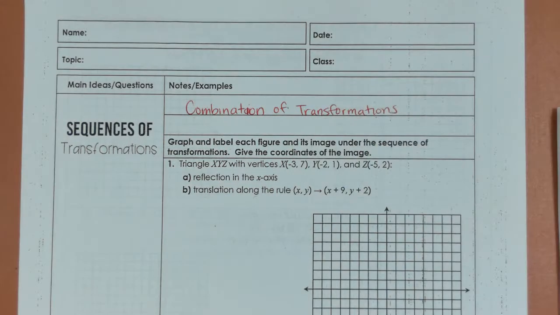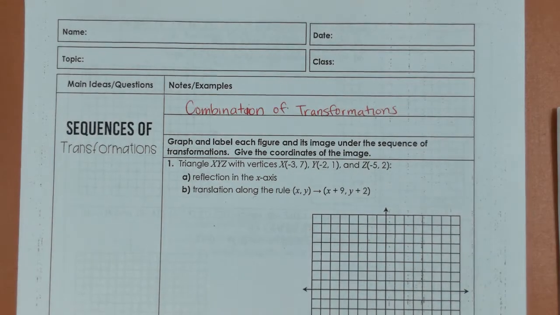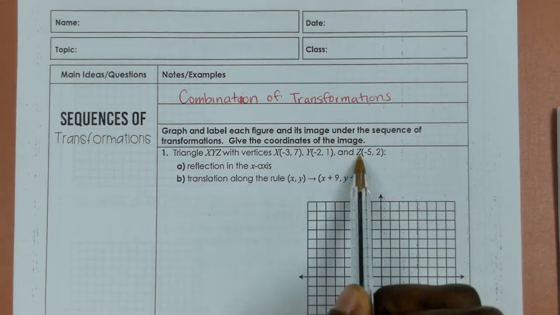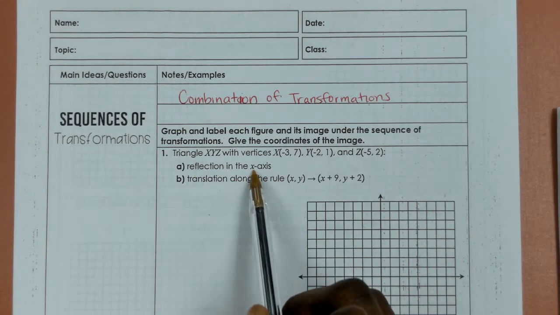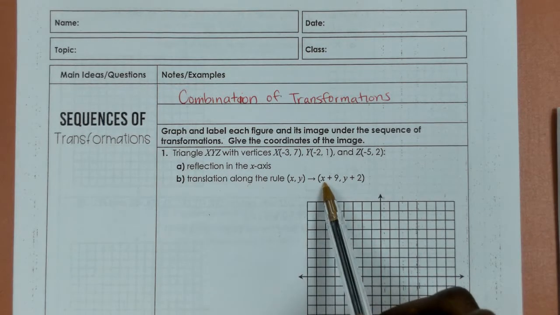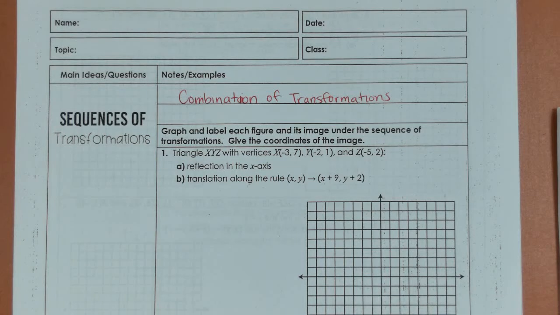Okay, so you're going to graph and label each figure and its image under the sequence of transformations. So what we're going to do is basically take these initial points, reflect them across the x-axis first, and then translate them. This rule for translation is 9 units right and 2 units up. So really what we're doing in this is making sure that you can do any type of transformation in any order.